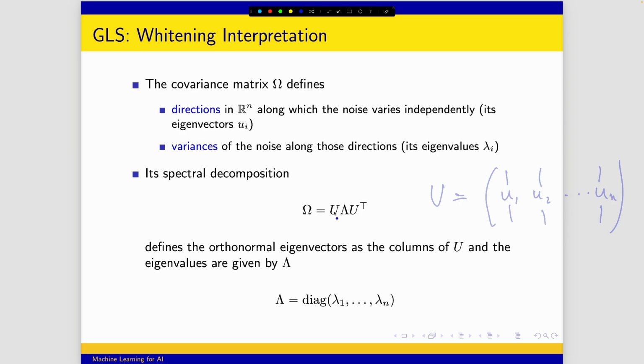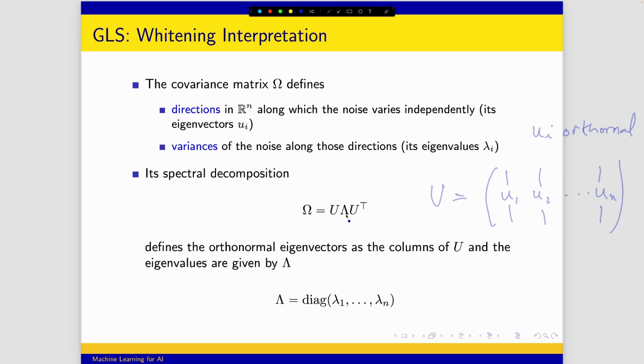The columns of U are orthonormal eigenvectors, meaning they're orthogonal to each other and also normalized to have unit length. So this matrix is formed by the eigenvectors of omega.